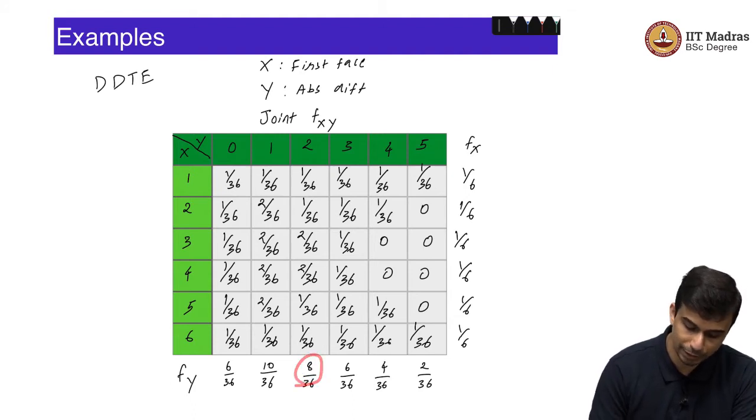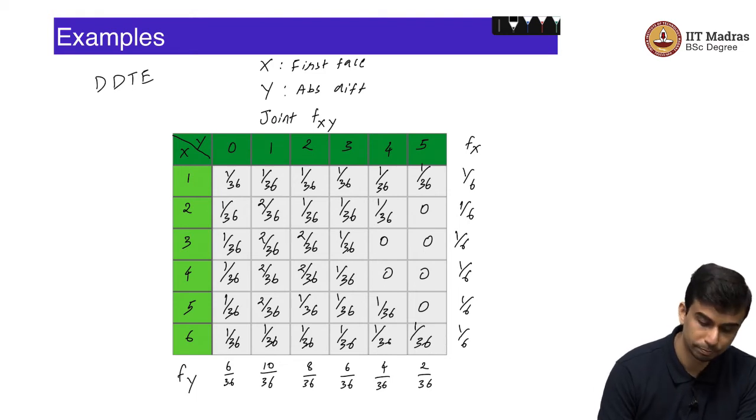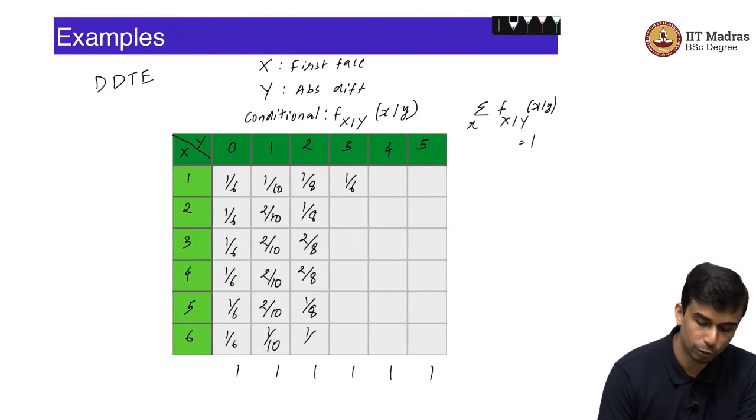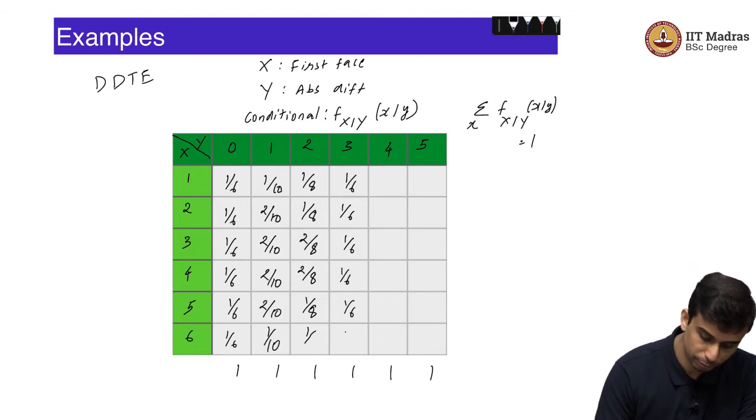Where is the 8 coming from? The 8 is coming from the column sum. Similarly, you can do that for the fourth column. You will get 1 by 6, 1 by 6, 1 by 6, 1 by 6, 1 by 6.